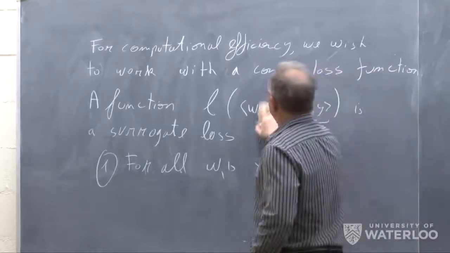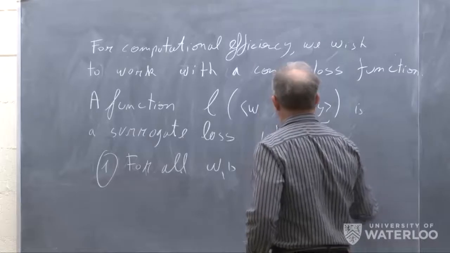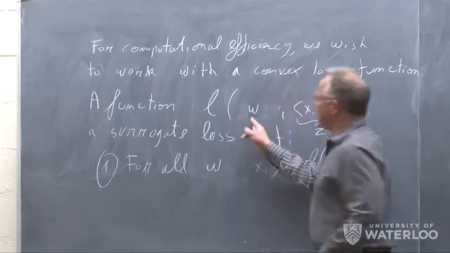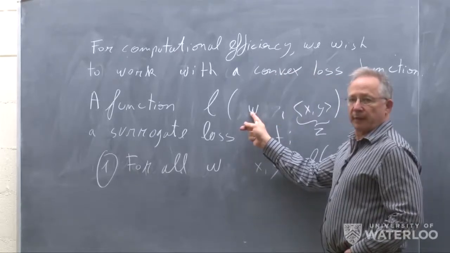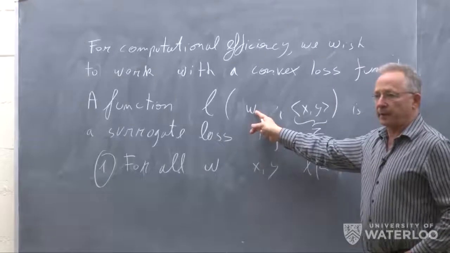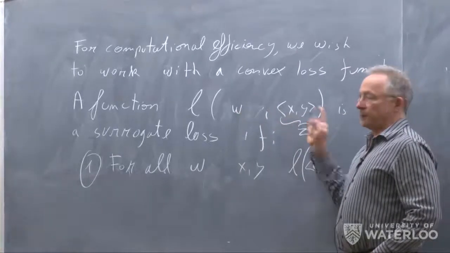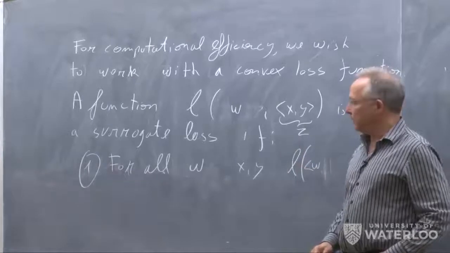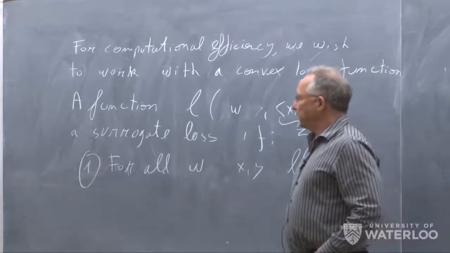Let me skip the b, it will simplify the notation. So we have a half space which is parameterized by a vector w, and I want to know what is the loss of this half space on a point x with label y. So last time we called this z. Right? So what do we want to require?